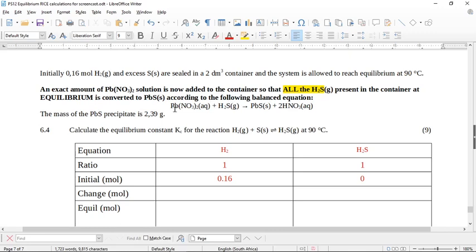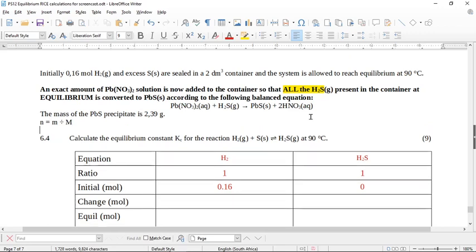So let's look at this lead sulfide. If we're going to do any calculation with this, we've got mass here. So we're going to use n equals m over M, m over big M. Okay, so we're going to need to find the big M for this lead sulfide. So we don't use lead much. You're going to have to hunt it down in your periodic table.